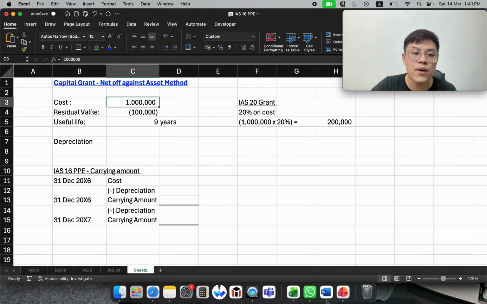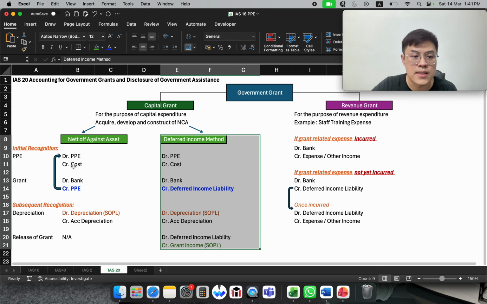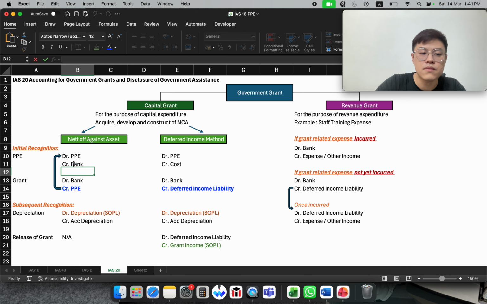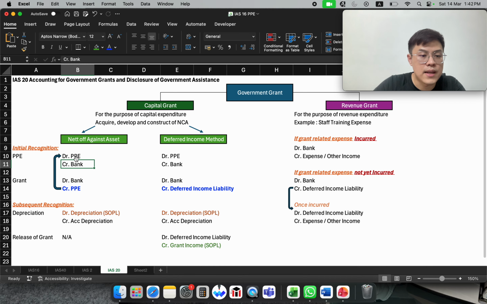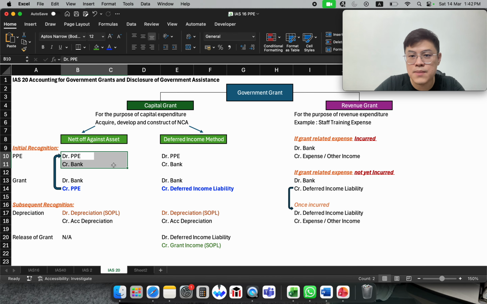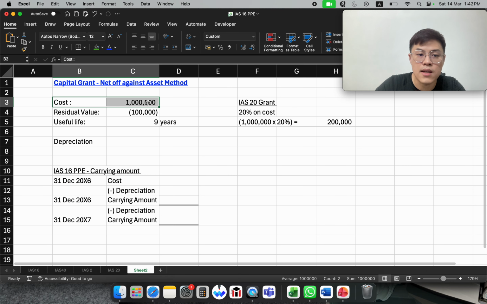When we acquire this asset, we debit PPE and credit bank, as you can see here. We buy this PPE for 1 million.